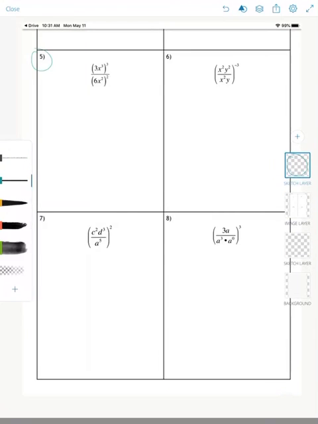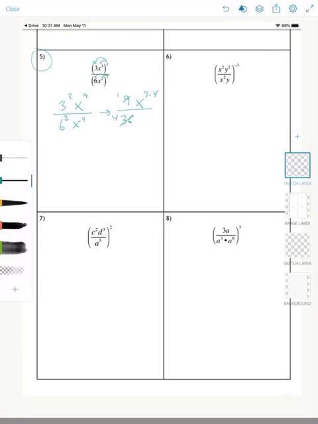All right, number 5. This 3 gets handed to the 3 and to the x, and then here to the 6 and to the x. So we get 3 to the 3rd, x to the 3 times 3 are 9, 6 to the 2nd, x to the 2 times 2, or 4. 3 to the 3rd is 9, 6 to the 2nd is 36, and then we get x to the 9 minus 4 because we're subtracting exponents.